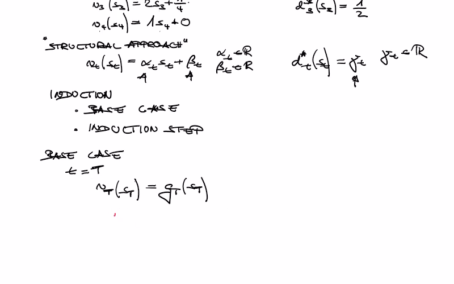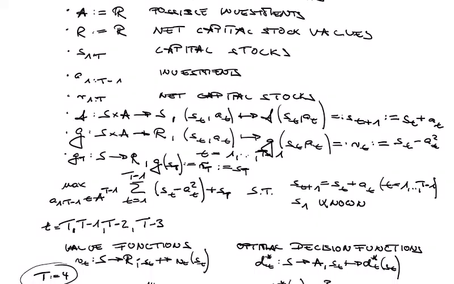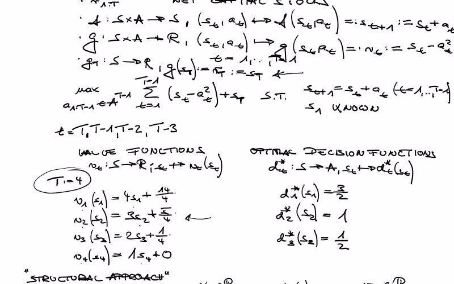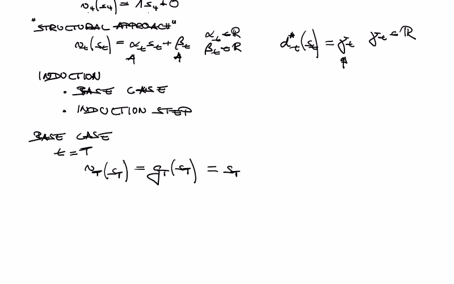And what we have from our definition now is that this is just S_T, and so let's look that up again. So this is what we have here. This is just in the definition of the problem. And this is, of course, of the form alpha_t S_t plus beta_t if we set alpha_T to what?